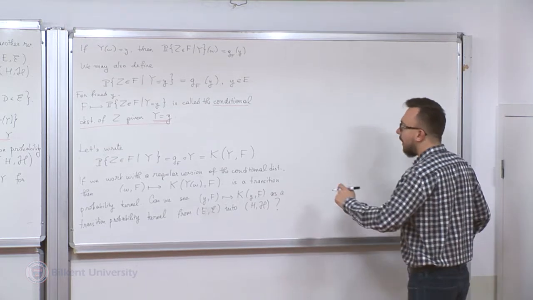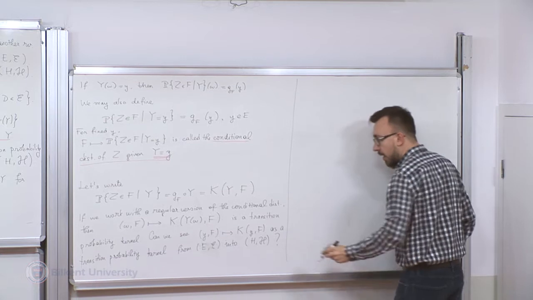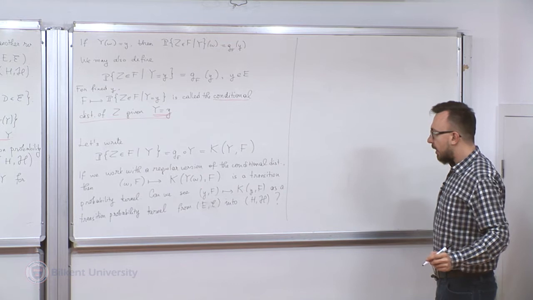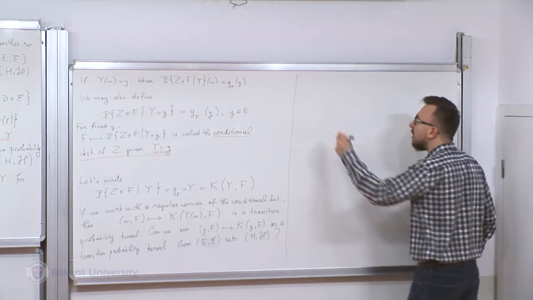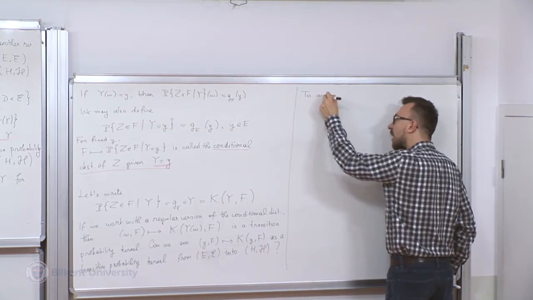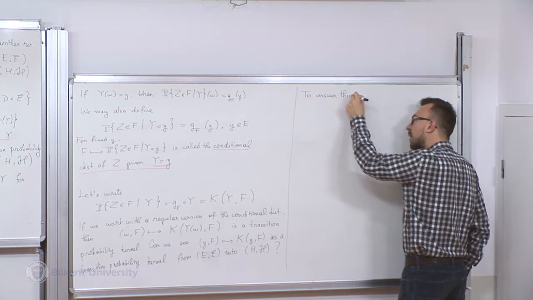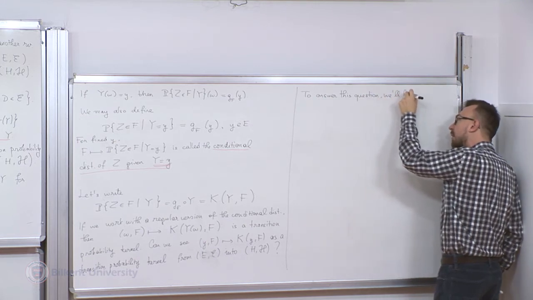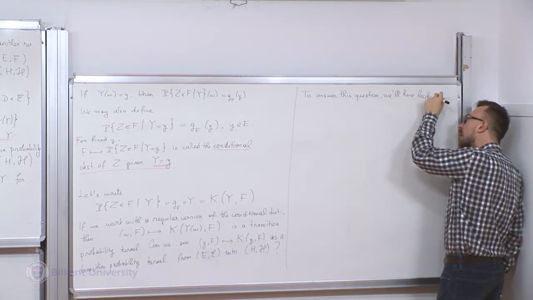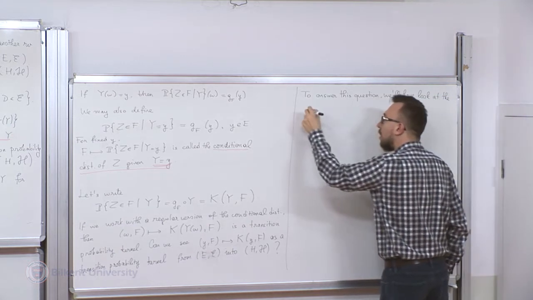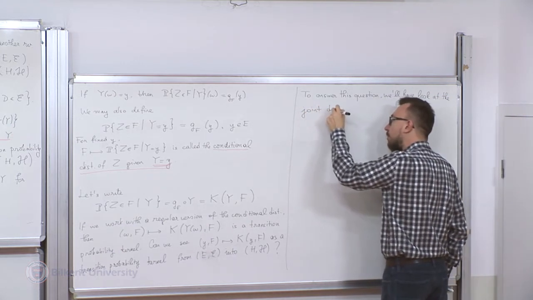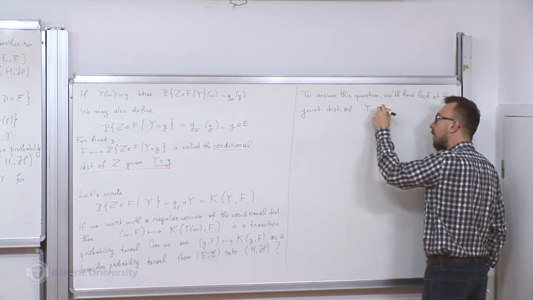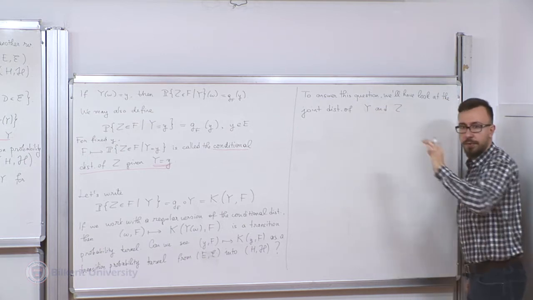Okay. So to be able to answer those questions, we also need to look at the joint distribution of Y and Z. So to answer this question, we will have a look at the joint distribution of Y and Z, or the distribution of the vector (Y, Z).